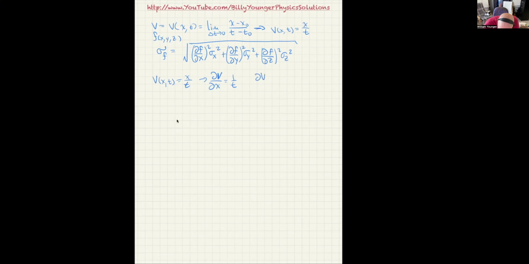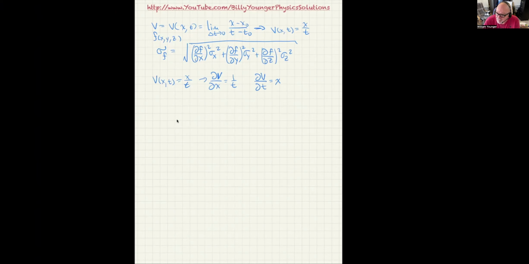Similarly, the partial derivative of v with respect to t is the partial derivative of some number x, which we treat like a scalar, times 1 over t, so that's t to the negative 1. The x is going to be out in front anyway, just like a 2x, whose derivative is just 2. So the x comes out front.